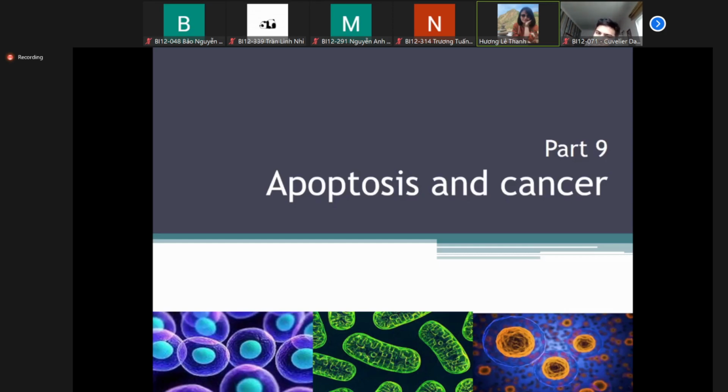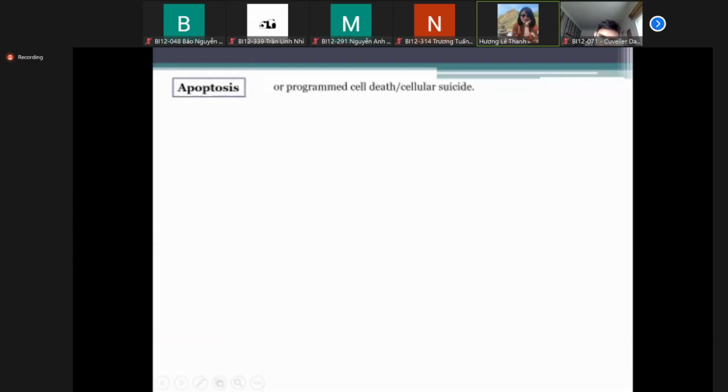So what is this? Apoptosis. Apoptosis has other names like programmed cell death and also cellular suicide. Programmed cell death means they are programmed to die.